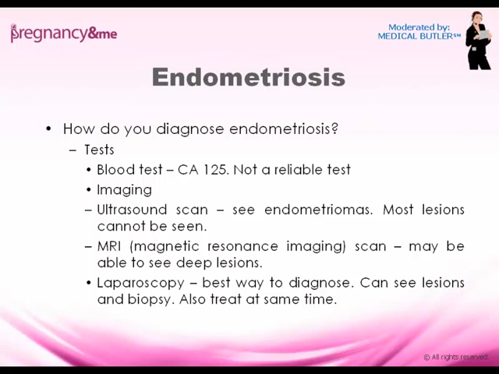You could use imaging. The first line of imaging a doctor would organize, well, at least in my practice here in Australia, is a high-quality ultrasound scan looking for the presence of so-called endometriomas or chocolate cysts. And sometimes you can actually visualize the nodules directly.